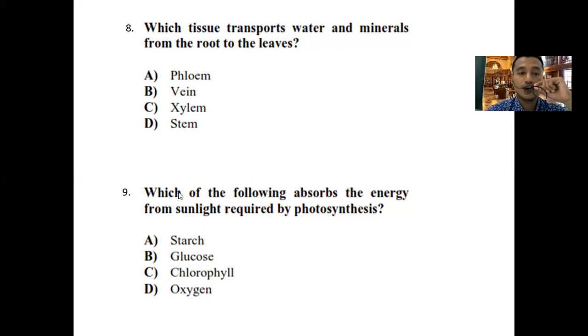Next question, number 9. Which of the following absorbs the energy from sunlight required for photosynthesis? This is the substance we call chlorophyll. It is contained in palisade cells and spongy cells in the leaf. Plants like cactus have no leaf. Basically, the leaf has already evolved into spines.